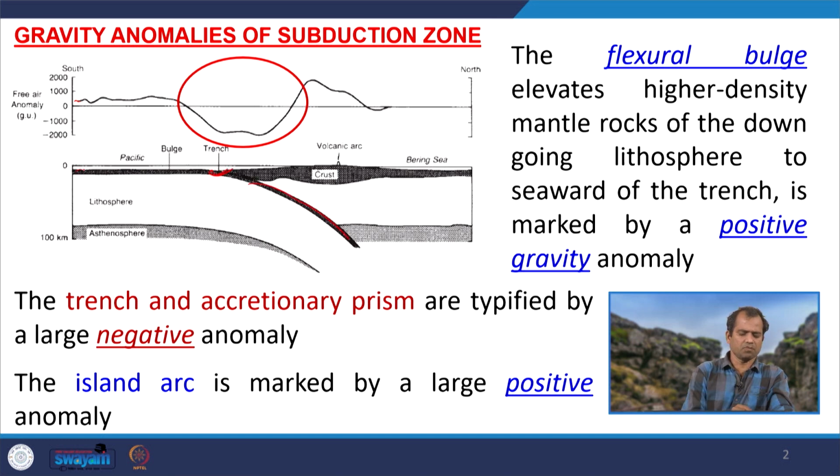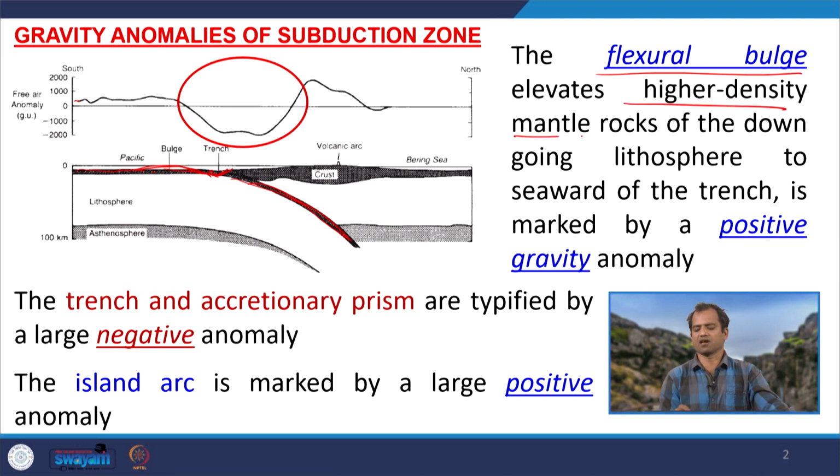Here is the trench, and this is the plate subducting, and here it is the bulge. This is the bulge and this is subducting down. The flexural bulge elevates the high density mantle rock from below the lithosphere to the seaward side of the trench, and it is marked by a positive gravity anomaly. Because this plate is moving down, and due to this compression it is bulging out.